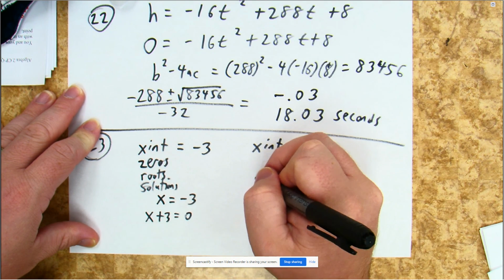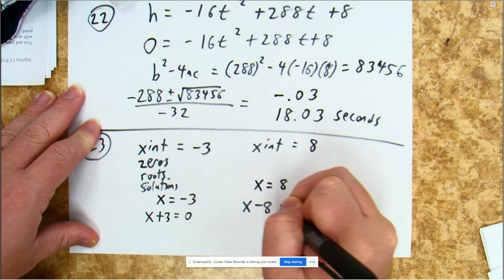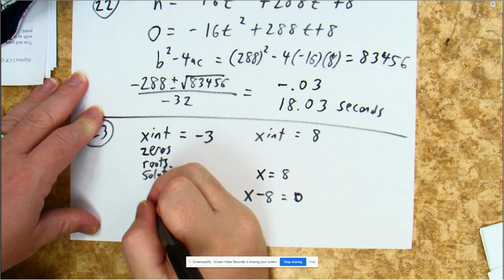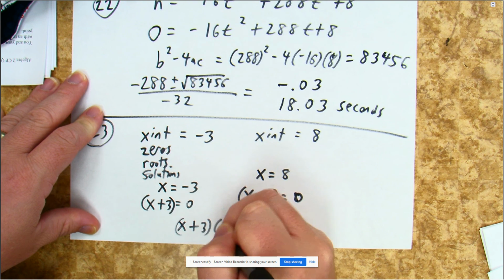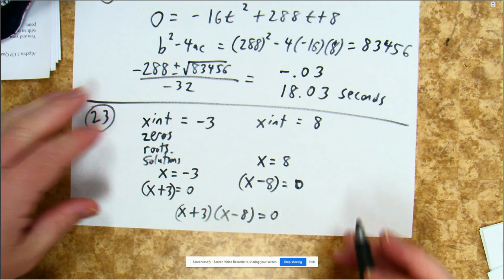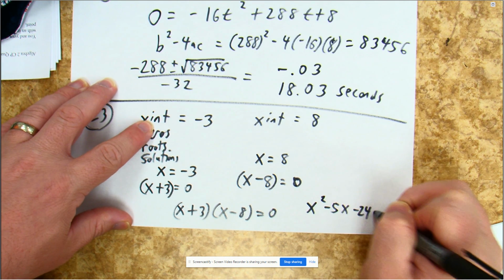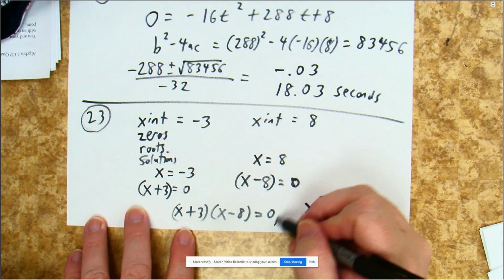You would end up with an answer of +8, but then the step before it would be this. And the step before getting these two factors would be this. And then if I multiplied them back together, I'd get this.